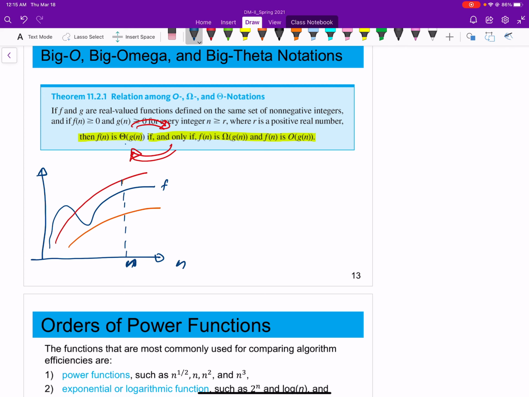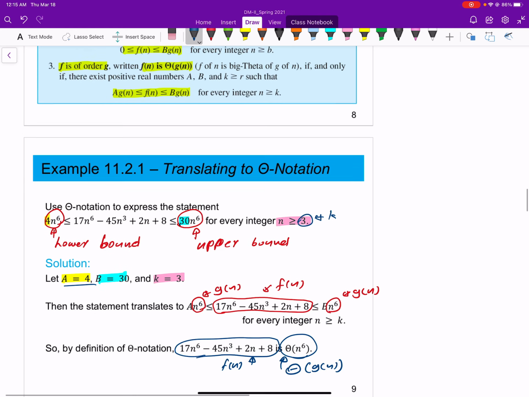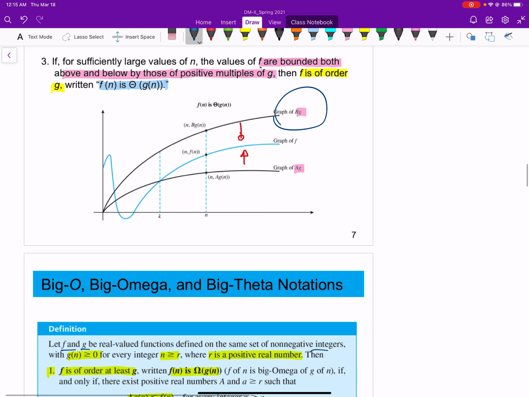Let me use the same notations like I used before. The upper one is bg and the lower one is ag.